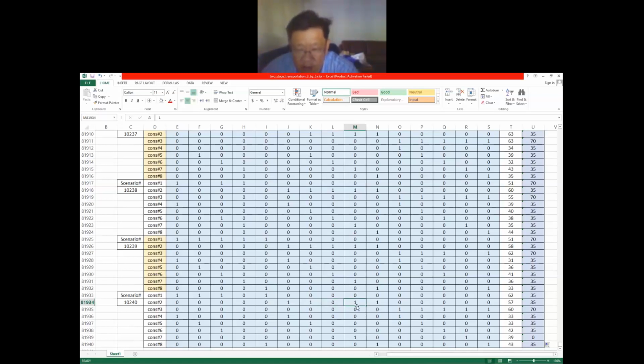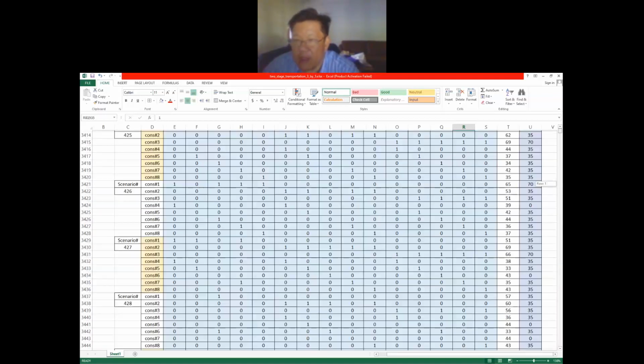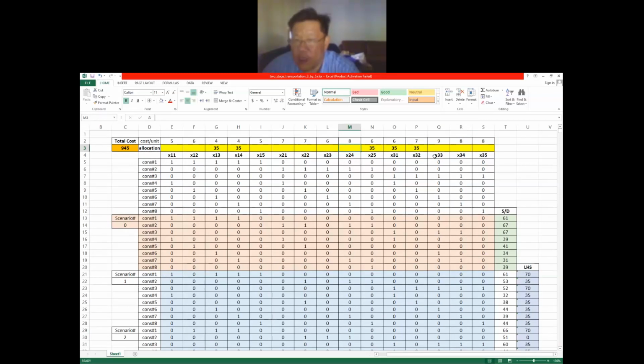Already here this one is valid, but this one had to be x24, which based on our decision we already allocated x25. And the third constraint is that even though this is valid, it's x34, but you can see that x24 and x34 based on our decision up there in the first alternative, x24 is 0, x34 is 0.